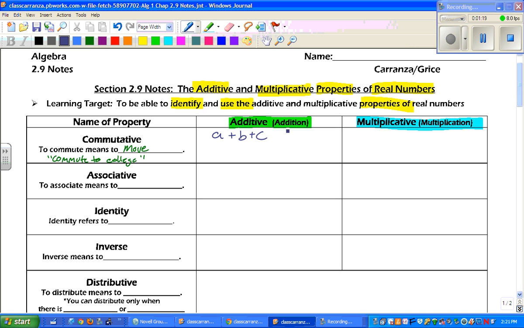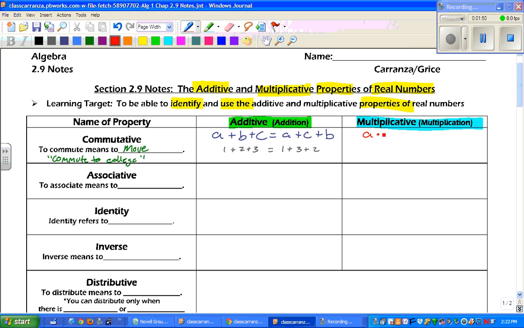So with addition, if we have a plus b plus c, you can move the order around and you're going to get the same answer. If we do that with numbers, 1 plus 2 plus 3 is the same thing as 1 plus 3 plus 2. It doesn't matter what the order is, you still get the same thing.